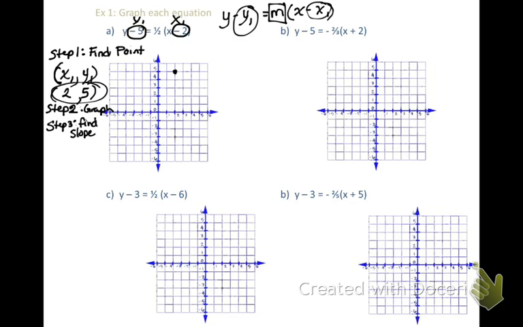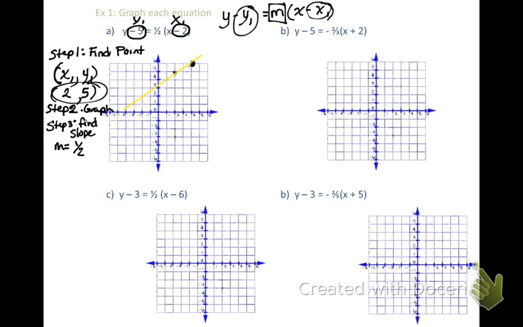So m is the number in front of the parentheses. So m equals 1/2. If it's not a fraction, turn it into a fraction. So from that point, you go up 1 using the fraction we have, and over 2. 1, 2, put another dot, and then put a line. And there is your answer.